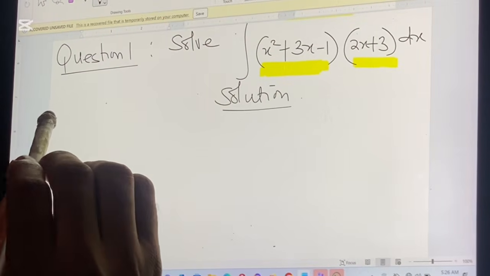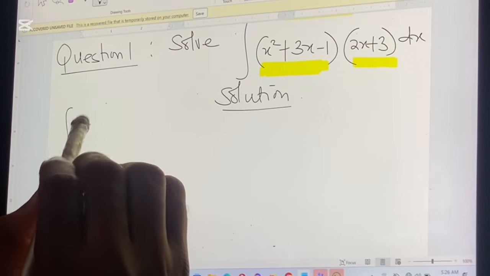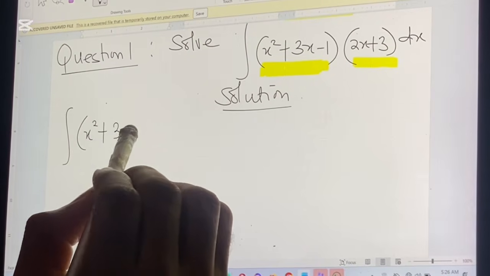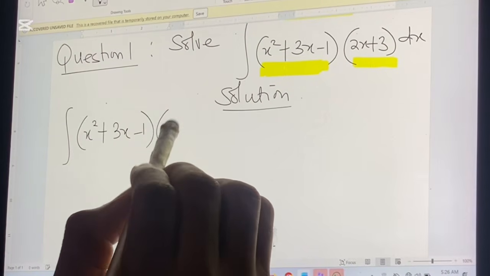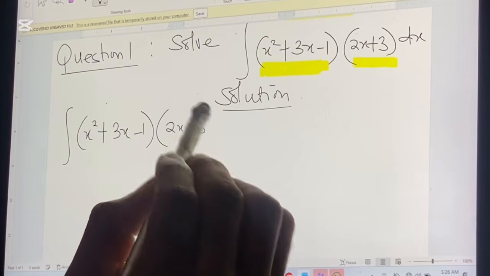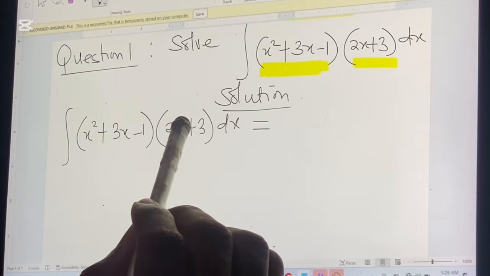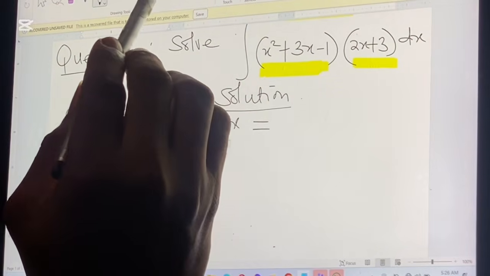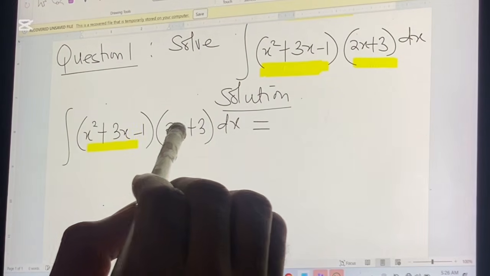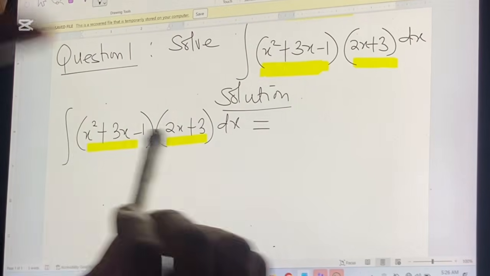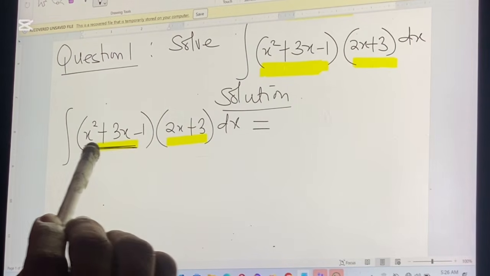We have this to be the integral of s squared plus 3s minus 1 into 2s plus 3 ds. Class, to integrate this here, if I differentiate this, I will have the next function. So if that is so, I will only integrate this part here.